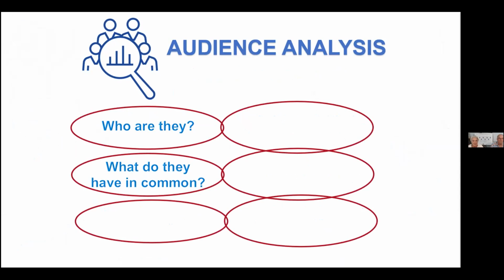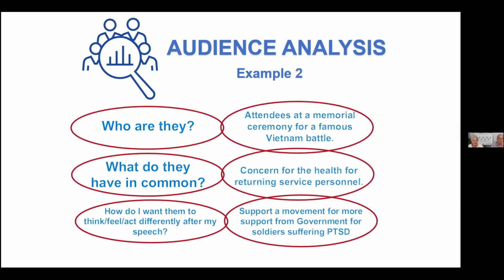Or to think of a second example, we might think about attendees at a ceremony for a famous Vietnam battle. What they might have in common might be concern for the health of returning service personnel. And you might ask them as your call to action to support a movement for more support from the government for soldiers suffering from post-traumatic stress disorder.